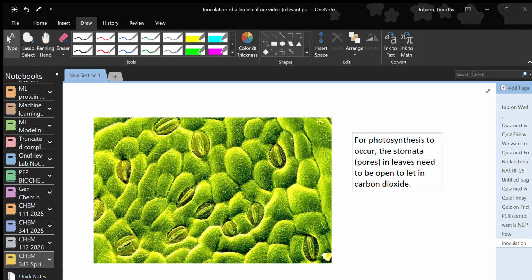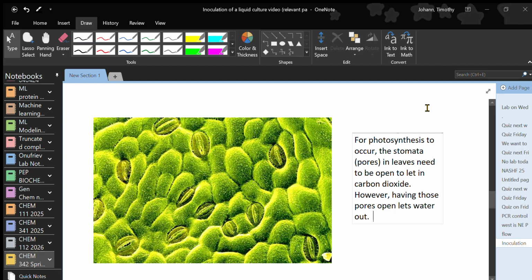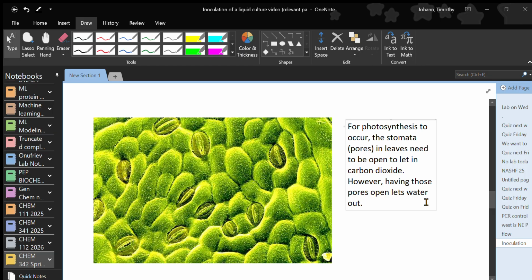However, having pores open lets water out. So when it's really hot and dry out, those pores are going to stay closed to keep the plant from drying out.